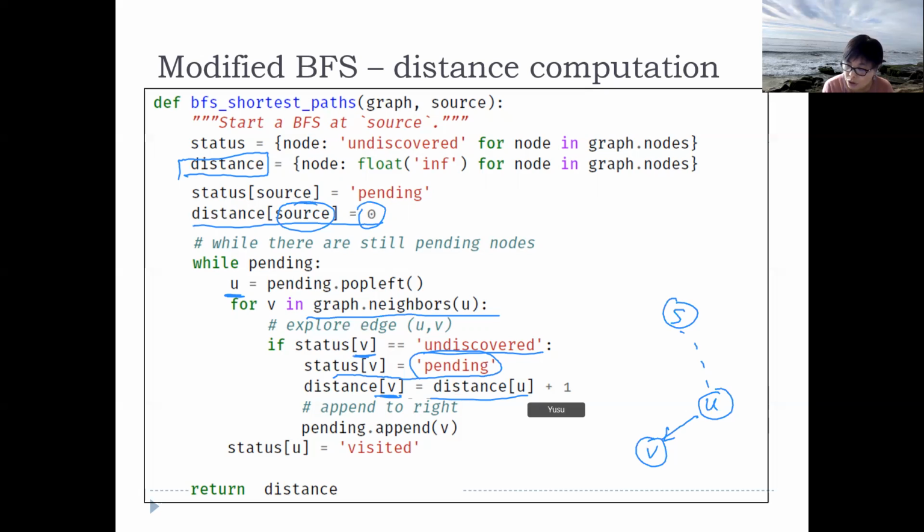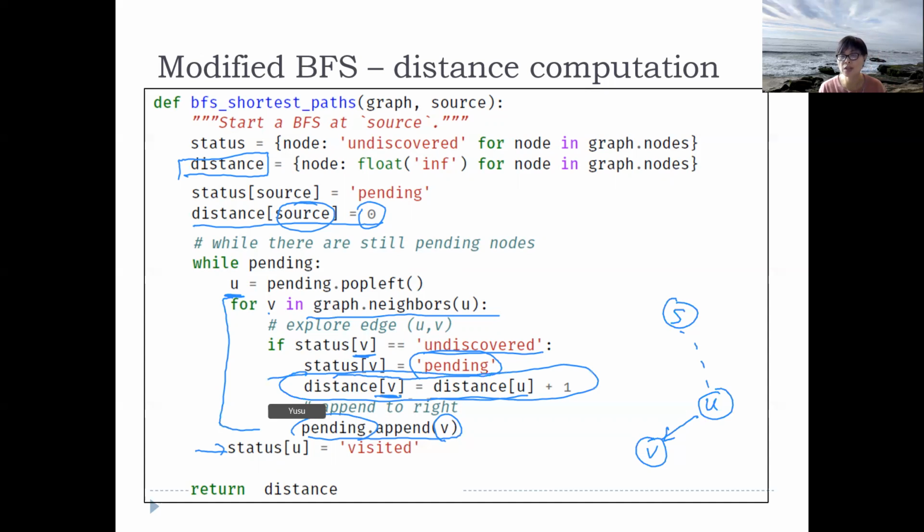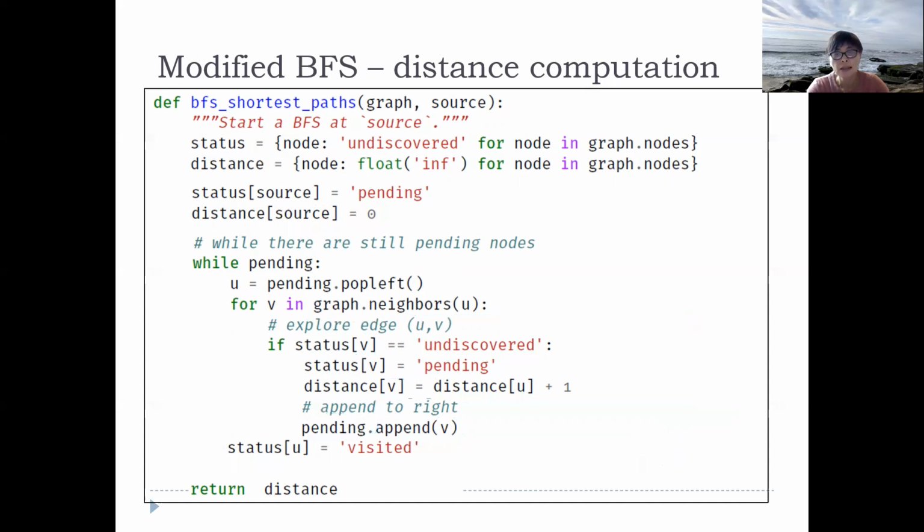So it's distance to U plus 1, okay? So that's what we discovered, and we added V to the pending list, okay? And after we explore all the neighbors V of U, we change the status of U to visited, the standard. The only difference is that we update and maintain the distance to the source node, okay?